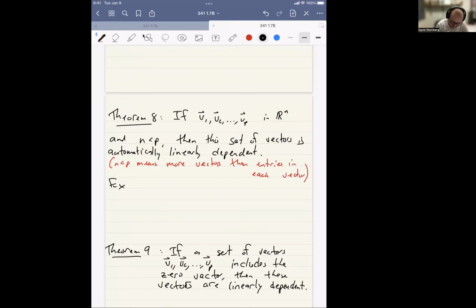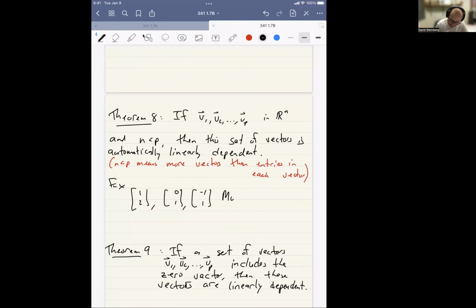So let's take a look at an example. We'll do the quickest example we can think of. We've got vectors in R2: (1, 2), (0, 1), (-1, 1). We know automatically we've got three vectors and they're living inside of R2. So according to this theorem, there must be linear dependence.